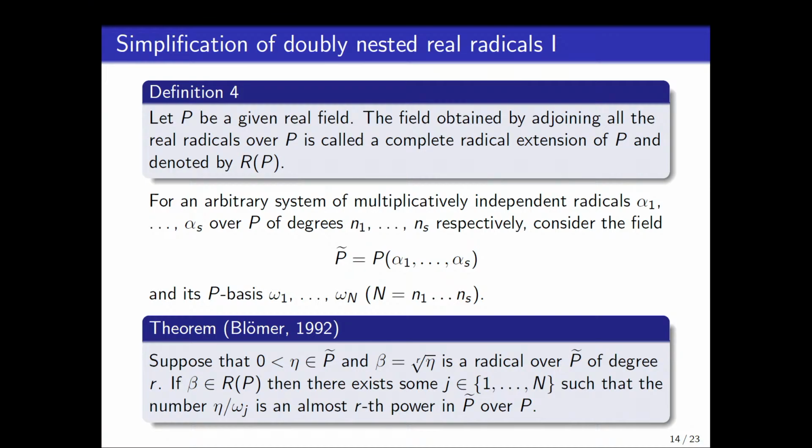And again, there is a classical result by Blömer, which says that if eta is a simple radical and beta is a radical of depth 2 of degree R, then if beta belongs to R of P, there exists some J such that for some radical from the basis omega J, the quotient eta over omega J is an almost R-th power in P tilde over the initial field P.